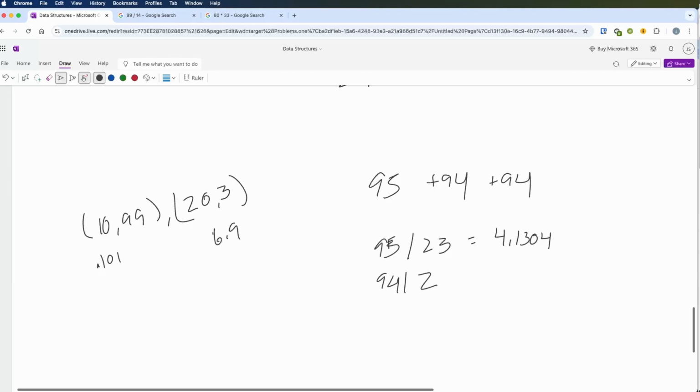And then I'm going to do 94 divided by 2 is 47. 47. So it would make sense here to eliminate the smallest. I just want to do it again.